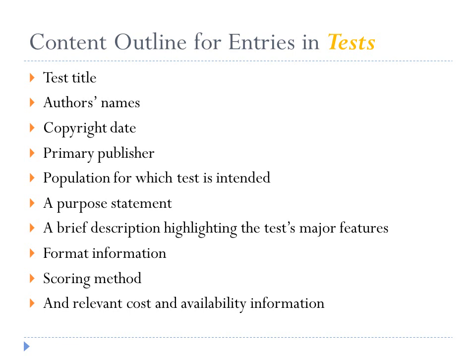The entries in Tests follow a consistent format. Here's an outline of what entries in Tests look like. They describe the test title, listing the author's name, copyright information, information about the publisher.